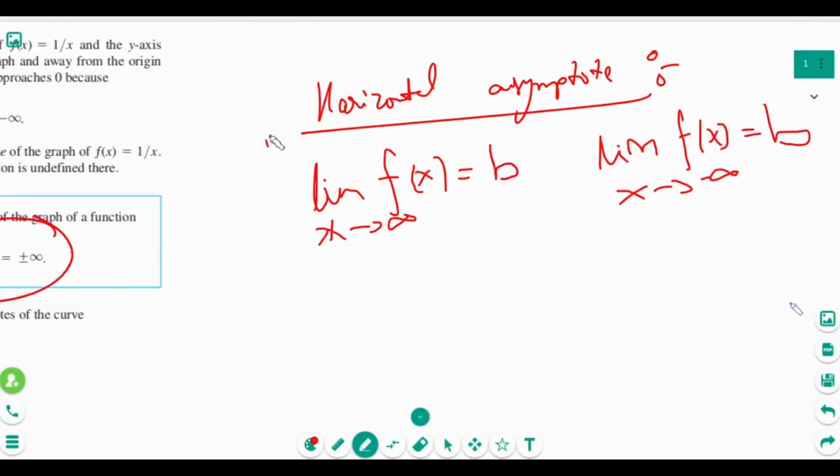Here we have now the limit as x tends to infinity.